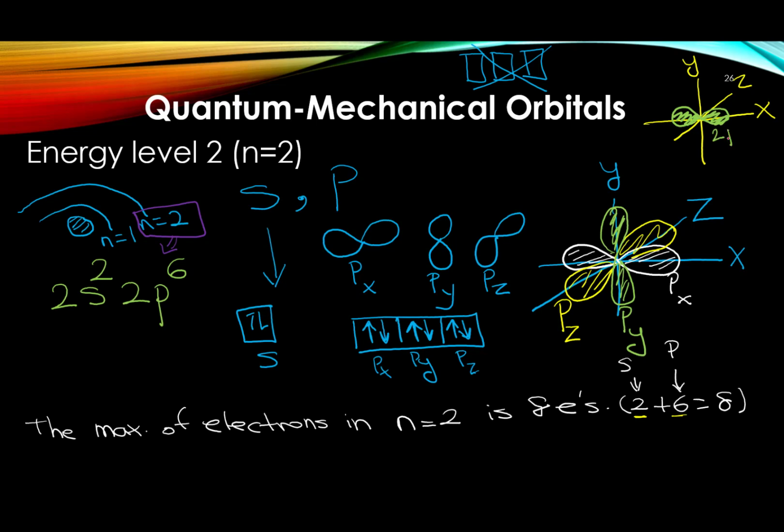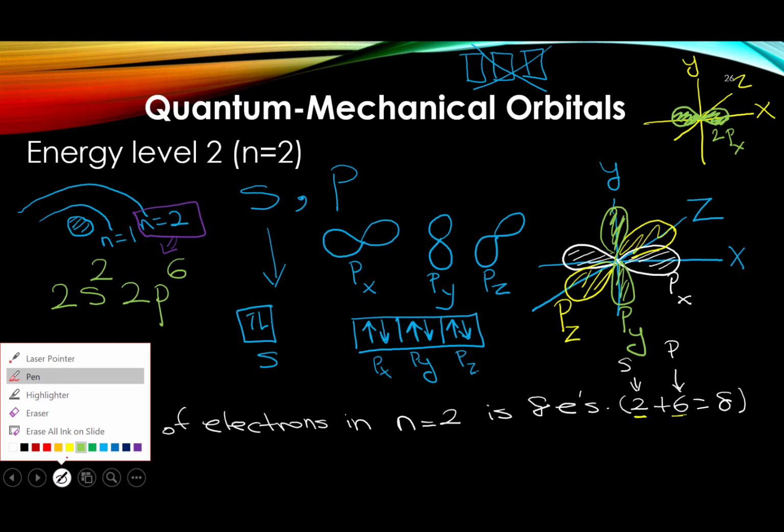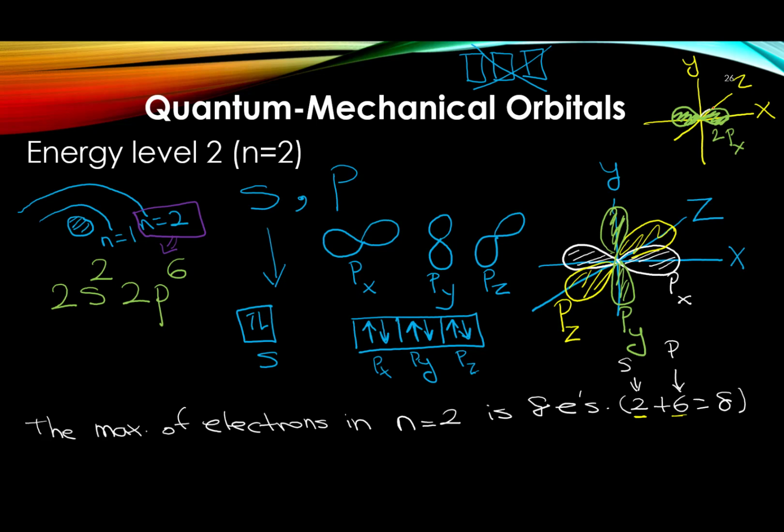If this is 2px, then 3px will be larger in size. Remember one more time, the higher the principal energy level, the higher the energy and the larger in size. That's why, as you could see here, 3px is larger in size than 2px. As the energy level increases, the size increases because we get further away from the nucleus.